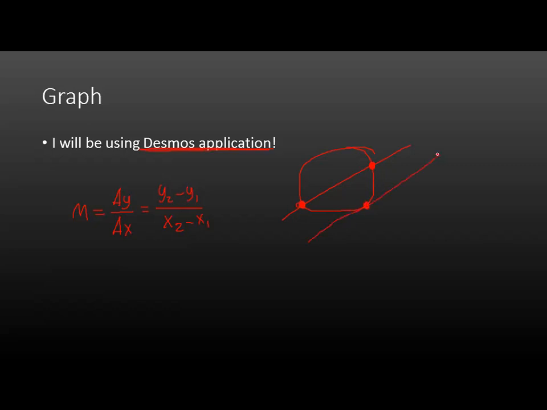What is a tangent line again? A tangent line is basically a line that intersects at 1 point. So this is the tangent line, and this is a line that intersects the curve at 2 points, the secant line. And what's this again? Slope. All right?